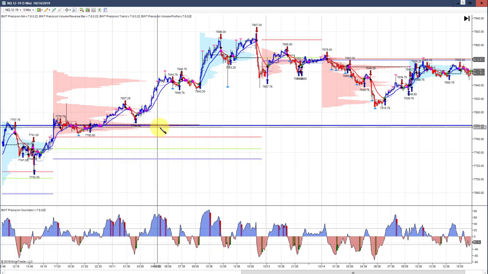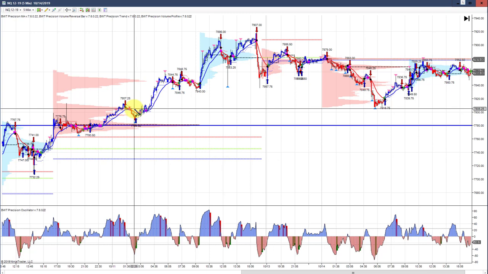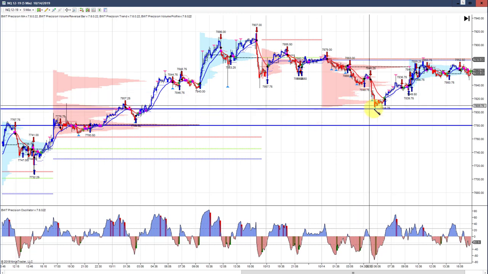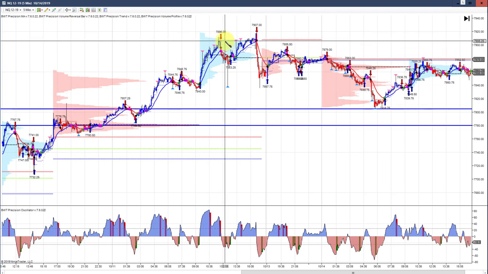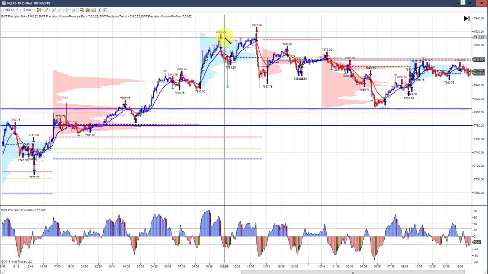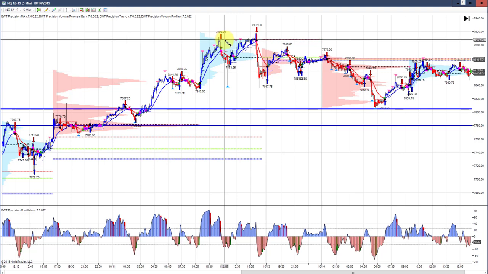We have high volume here in the night session from a couple sessions ago, and then again here, this 78.05 area, which was the low of the night session here. We have the most volume here, 79.06 area, or the high of the day, 79.11.